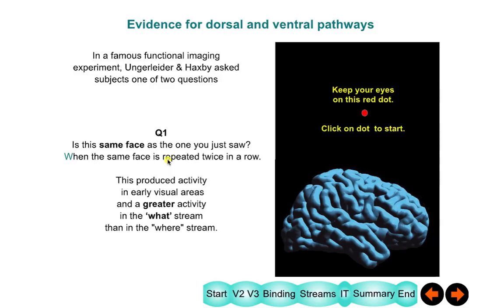Is that repeated? So press the button when you see a face repeated. Doesn't matter where it is. So we'll do that now. Again, we use our hands as clickers, and hit your hands as hard as you can when you think a face is repeated.